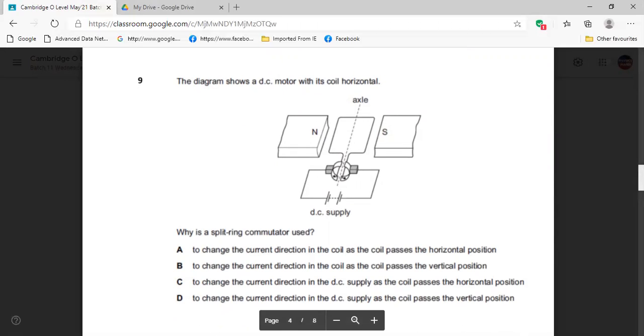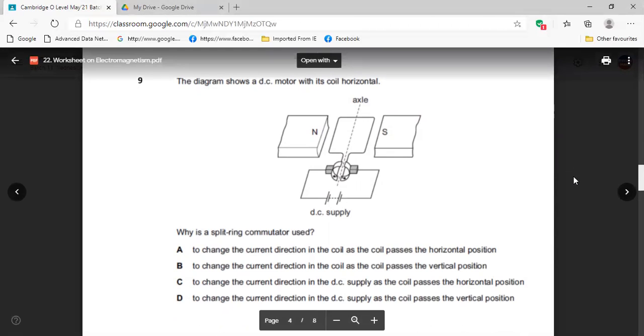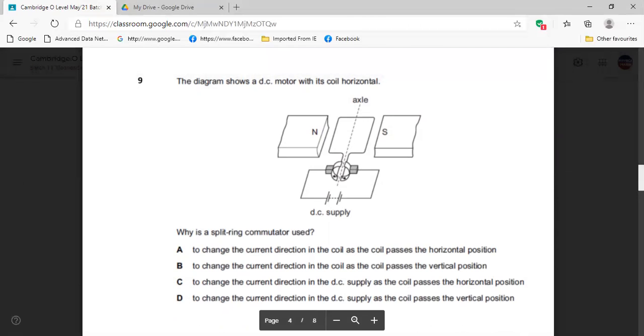The diagram shows the DC motor with its coil horizontal. Why is a split ring commutator used? Sir, B. Which one?